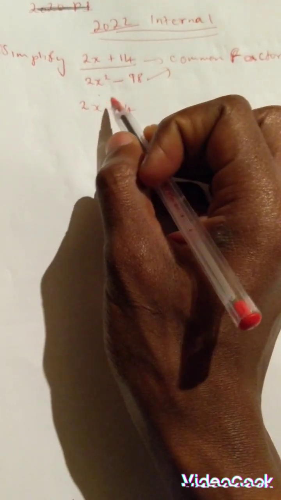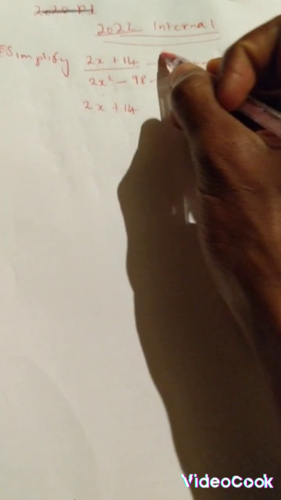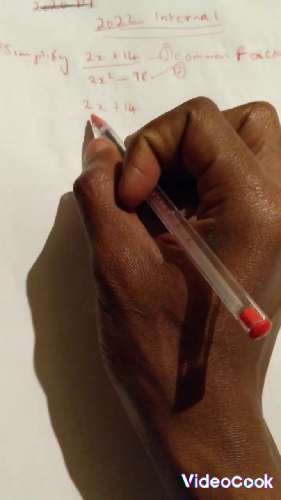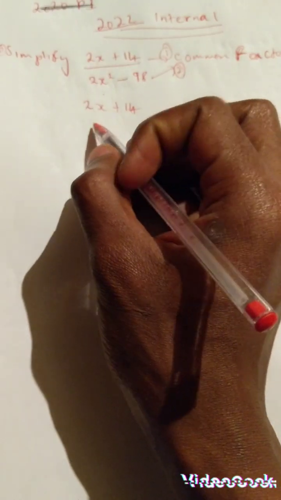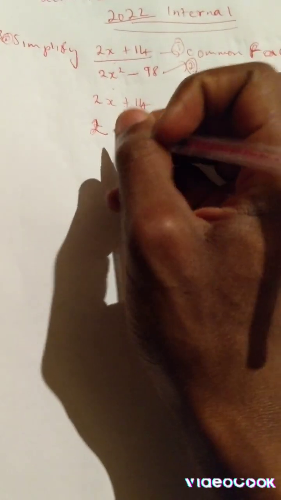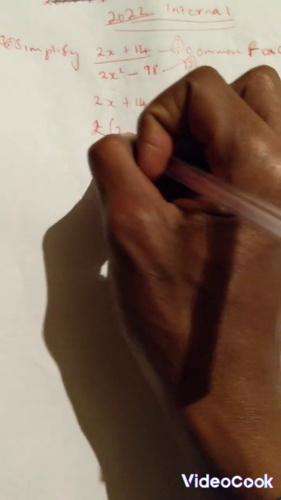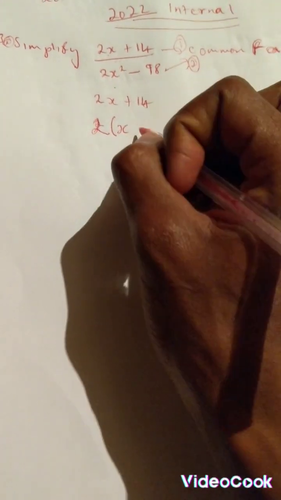You simplify first the first equation, then this is our second equation. We're going to simplify the first equation by saying what is common here is 2. What will remain here if the 2 goes? What remains is x, then plus.